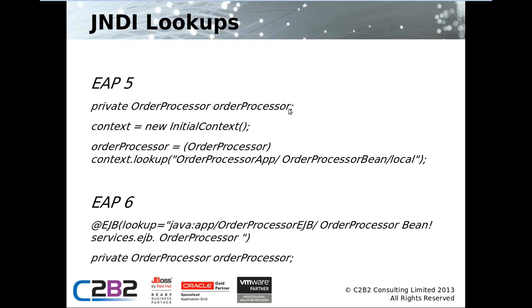So here's an example of a JNDI lookup in EAP5. So you basically get your initial context, and then you do a lookup for your particular EJB that you're looking for. Now in EAP6, the lookup name now uses this new portable java:app JNDI namespace.